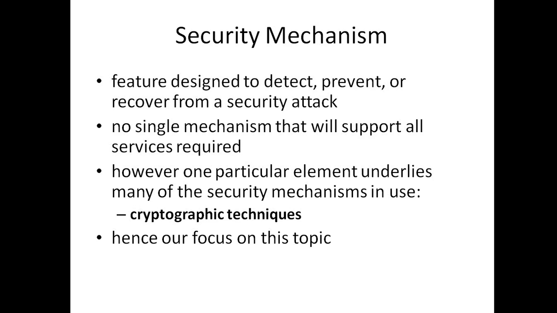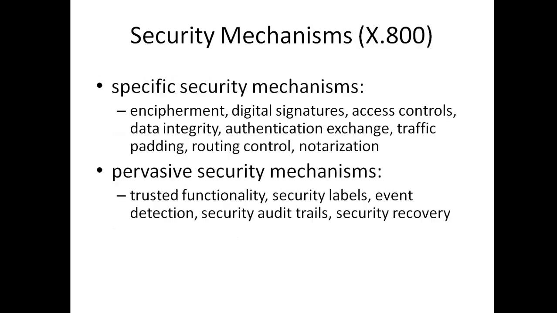Basically we will be using cryptographic techniques because we are dealing with cryptographic security algorithms. Using those techniques we can protect the data or any kind of resources during transmission. As we discussed earlier, security mechanisms are also designed with the help of X.800. So we have two different security mechanisms. One is specific security mechanism, the other one is pervasive security mechanism.